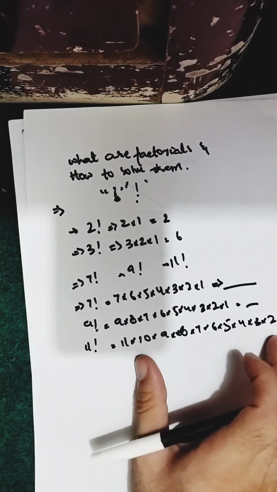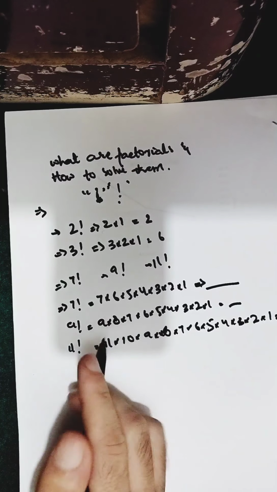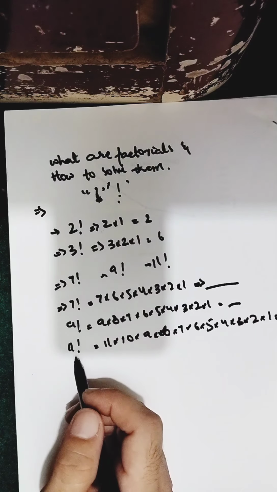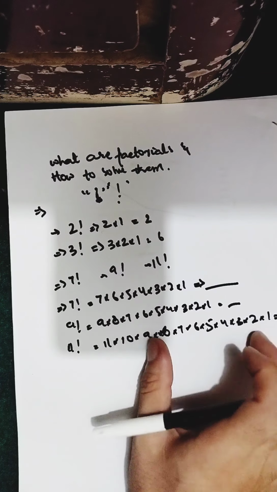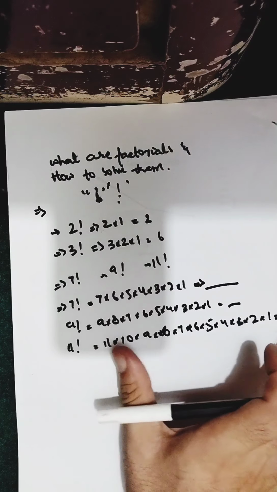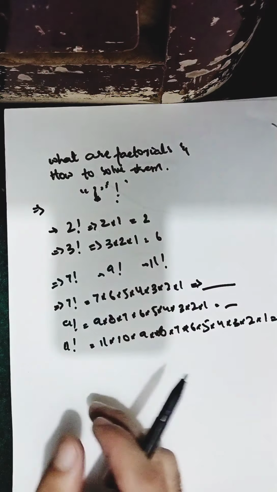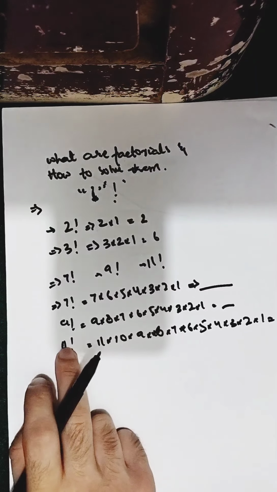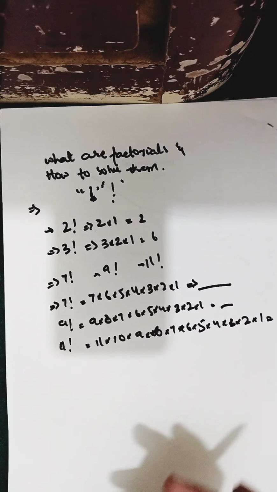All this multiplication we write in a simple term, 11 factorial. It is very time consuming to write all of this, so in mathematics we write it in a short form, simply adding an exclamation mark to 11 and calling it a factorial. So this is the benefit of factorial.